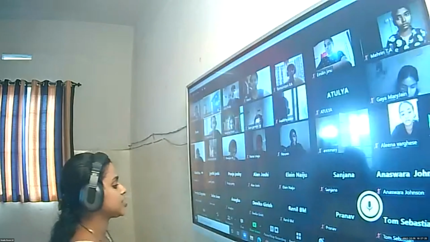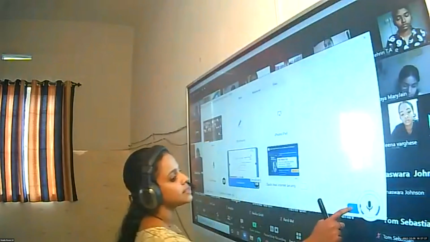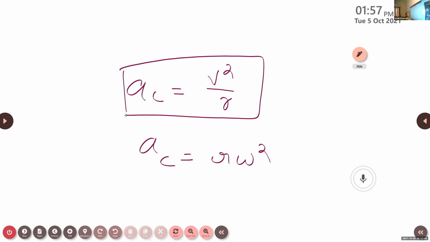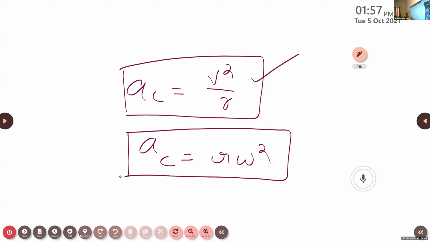So there are two equations for calculating the centripetal acceleration. a_c is equal to v square by r, this is one equation, or we can say a_c is equal to r omega square. The first is centripetal acceleration in terms of linear velocity, the second in terms of angular velocity.